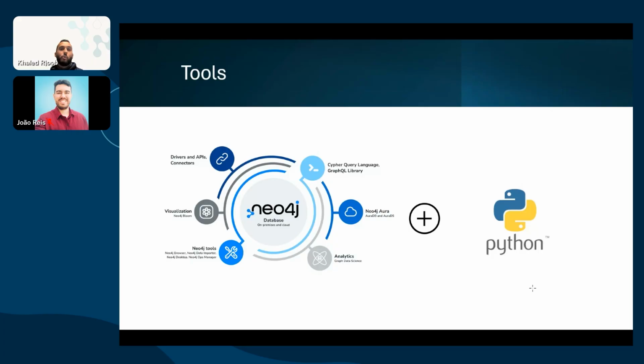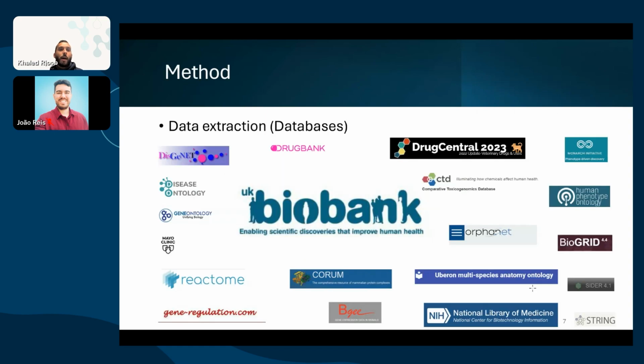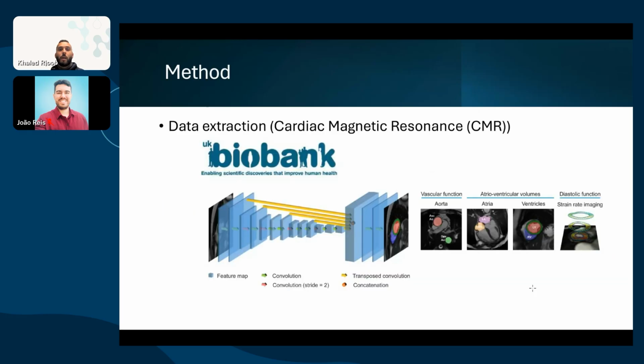So we used Neo4j and Python as tools to run our analysis. We extracted the data mainly from the UK Biobank, and from 18 other external biomedical databases. And from the UK Biobank data, we used the cardiac MRI, which is called cardiac magnetic resonance, and the short name is CMR.